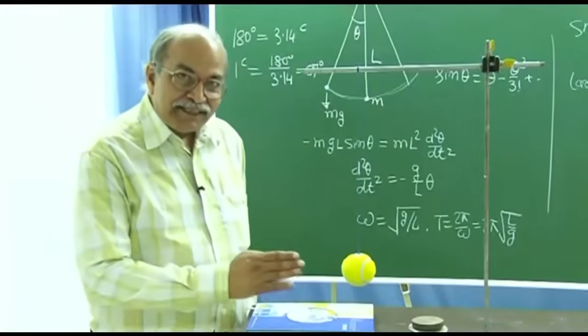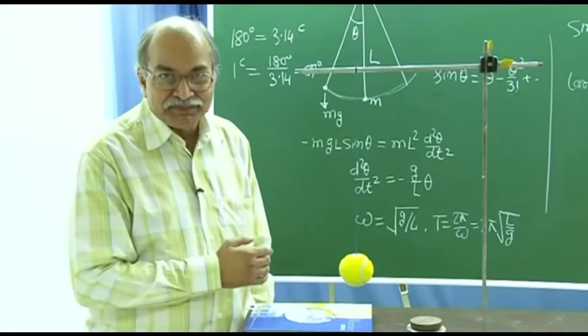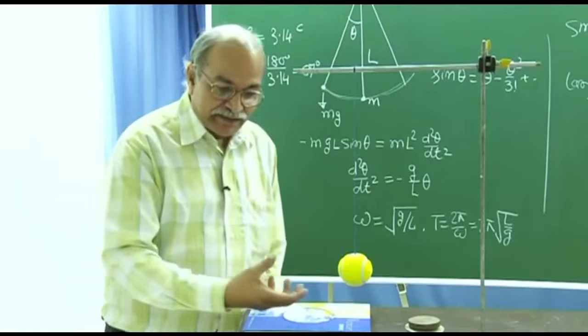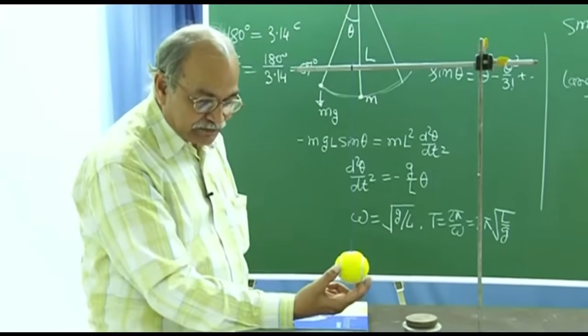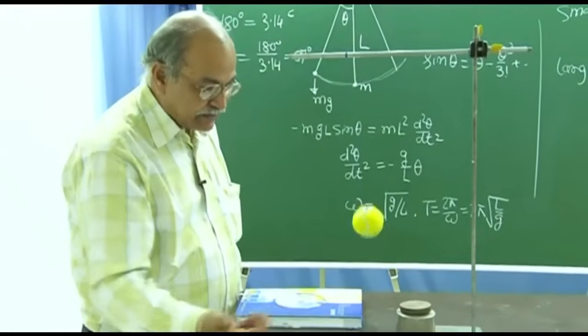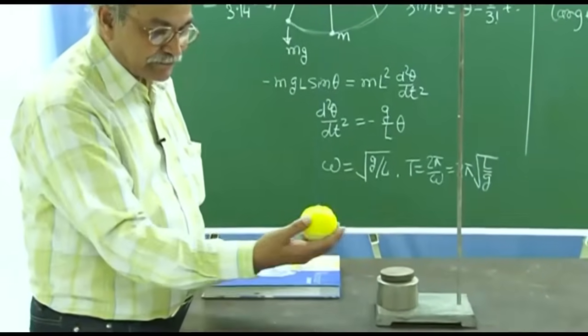Now to start a pendulum itself is a very skillful job. If you think that I just pull it and leave it, see what happens. If I just pull it and leave it, see what kind of jerky motion it starts with.